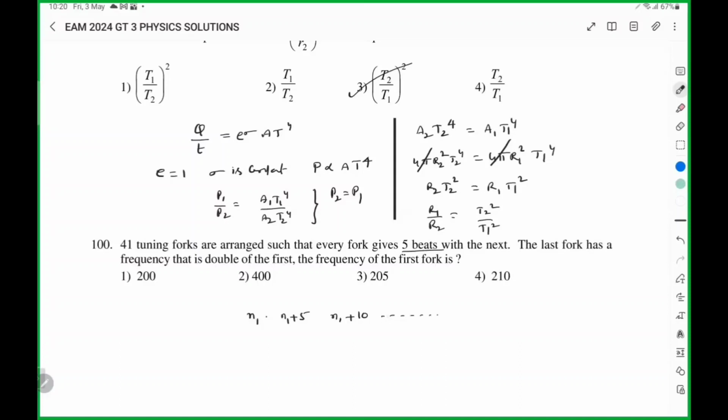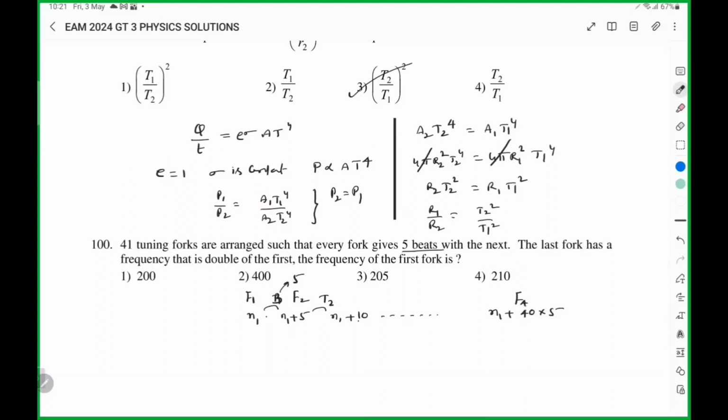41 tuning forks. N1 plus 40 into 5. If there are 3 tuning forks, here it is tuning fork 1, tuning fork 2, so beat frequency between them is 5 beats.